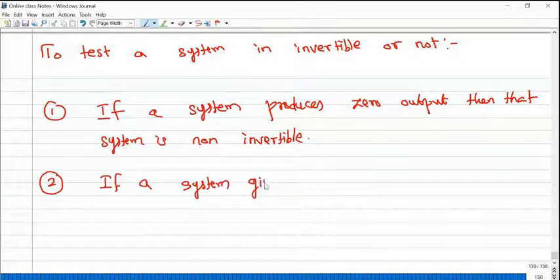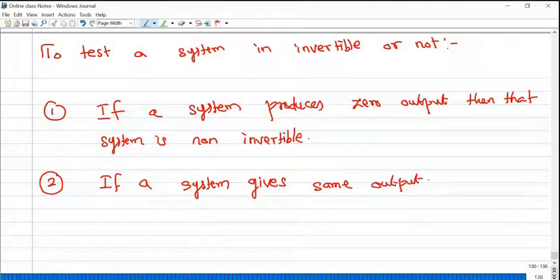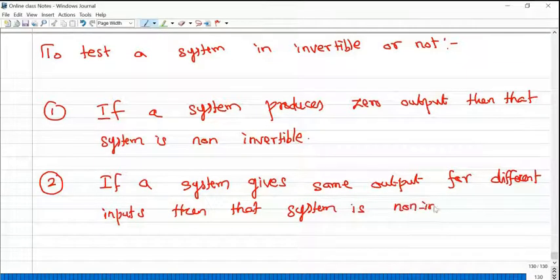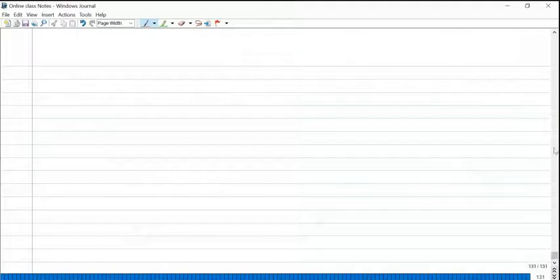If a system gives the same output for more than one input, or different inputs, then that system is non-invertible. Okay. First, we have to check these two conditions. If these two conditions are satisfied, then we try to find the inverse of the given system.